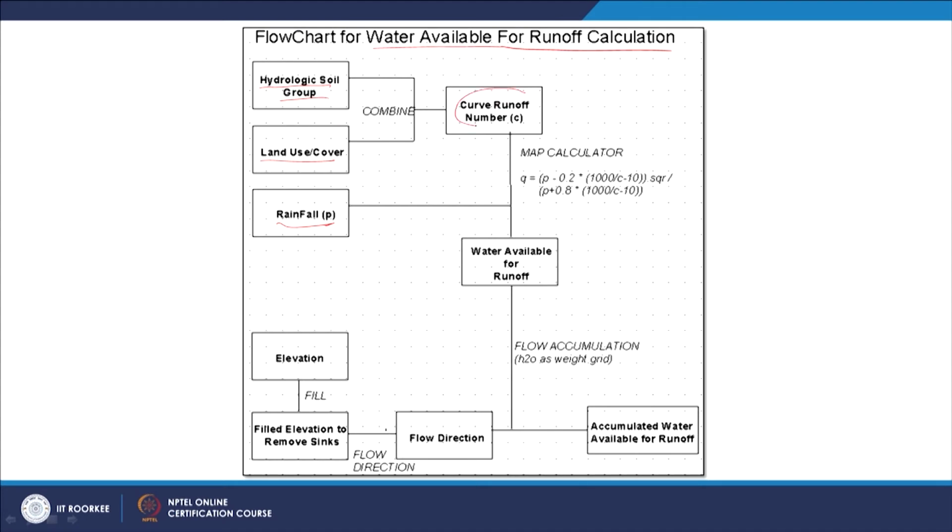Then you will have the curve number, the surface runoff SCN method, and then you will have the water available for runoff. Your elevation, that is the digital elevation model, fill depressions, sinks, and flow direction are also combined, and finally you come to the accumulated water available for runoff. So, these calculations are very, very important from a flooding or other modeling point of view.